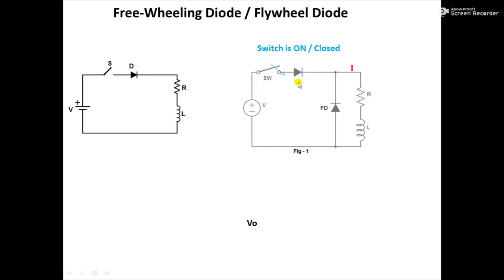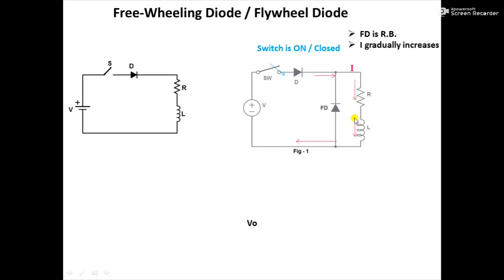So this diode will be forward biased and the load current I will flow in this direction, shown in pink arrows. At the same time, this freewheeling diode has its cathode facing the positive terminal of the battery, so the freewheeling diode is reverse biased and the current completes its path in this direction.